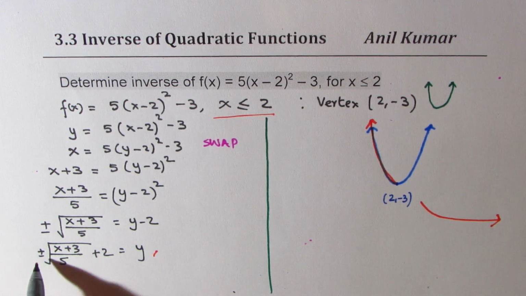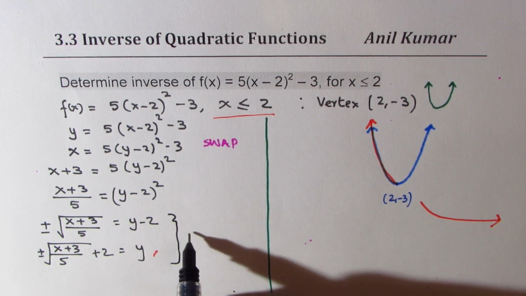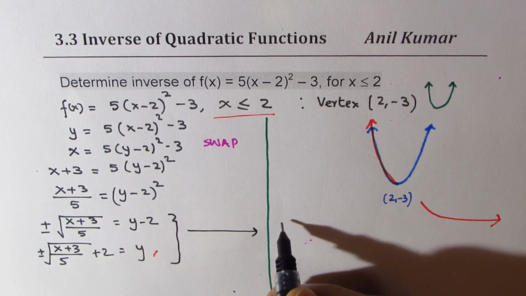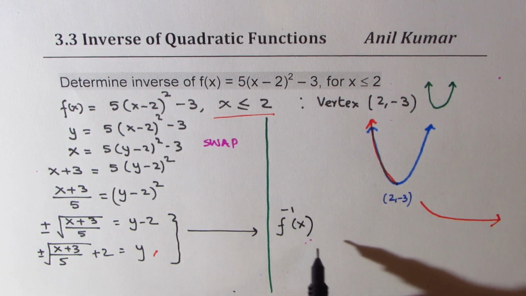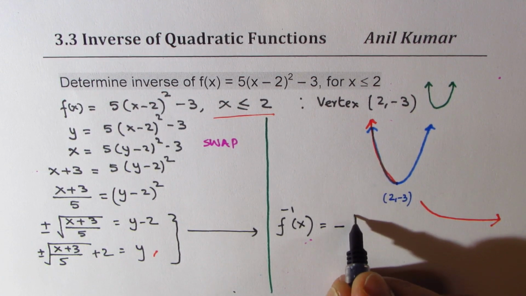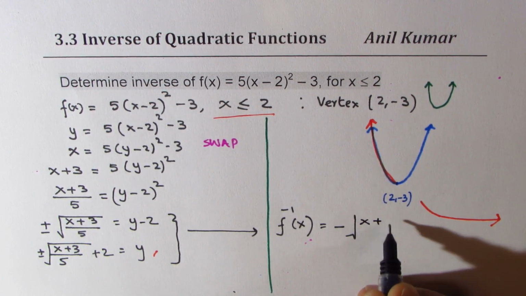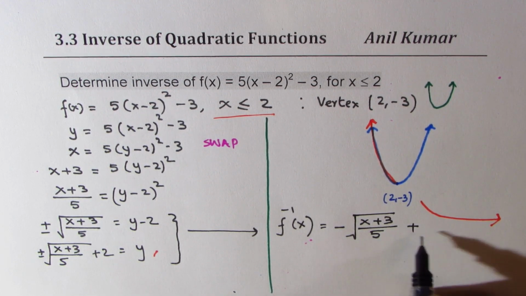So that means this inverse should have a restriction. Correct? So we cannot use plus and minus. So what should we do? Let me make this correction now and rewrite this. The inverse is for us a function where we are going to take only the negative value, which is negative square root of x plus 3 over 5, plus 2.